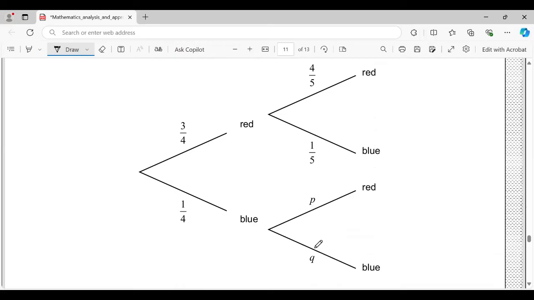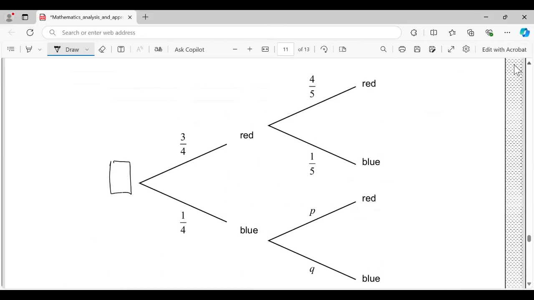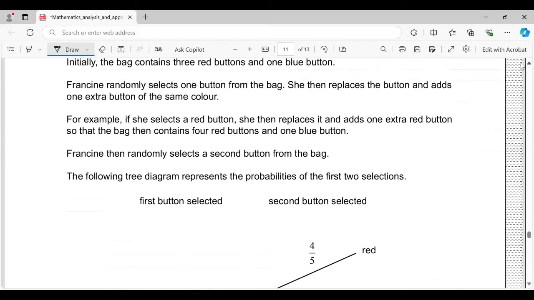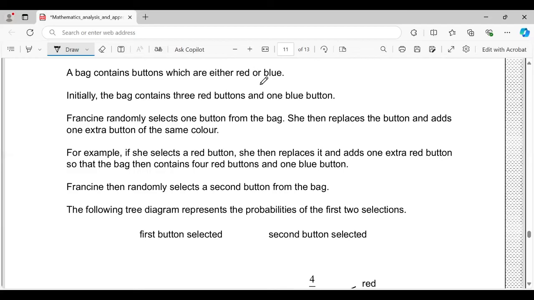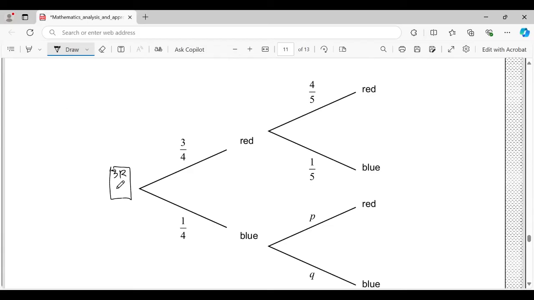This is clear for us, I think, P and Q. So question A, we are going to find the value of P and the value of Q. According to the information, she has three red buttons and one blue button.